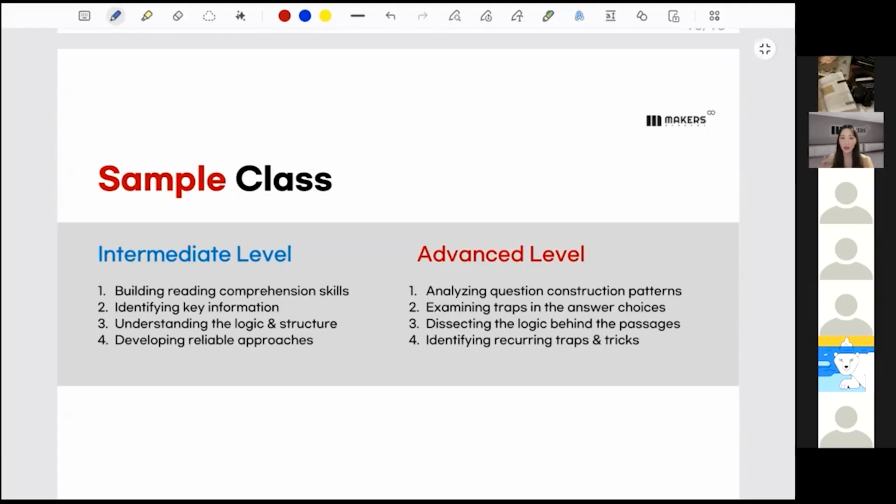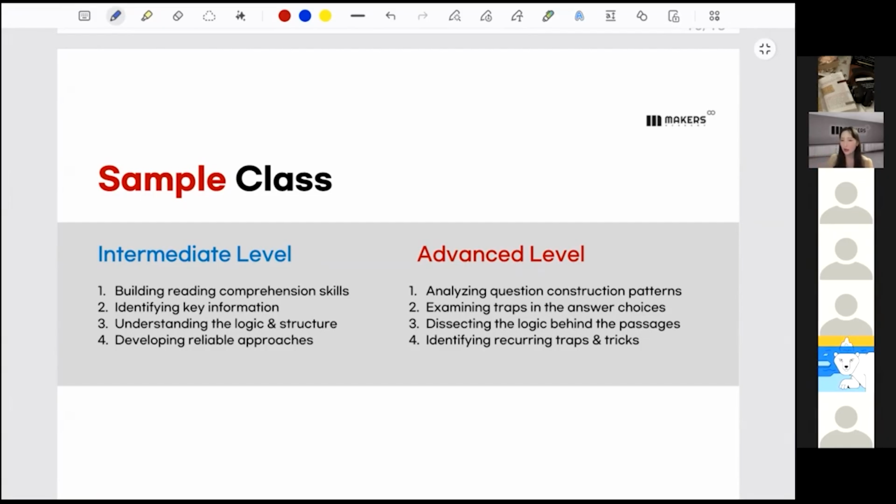We spend less time simply trying to understand what the passage says, because a lot of my advanced level students have very good comprehension skills, so we don't need to do that in class. We try to spend much more time analyzing how College Board constructs questions. We examine traps hidden in the answer choices. We dissect the logic behind the passages. We identify recurring patterns that test makers use to mislead and trap students.